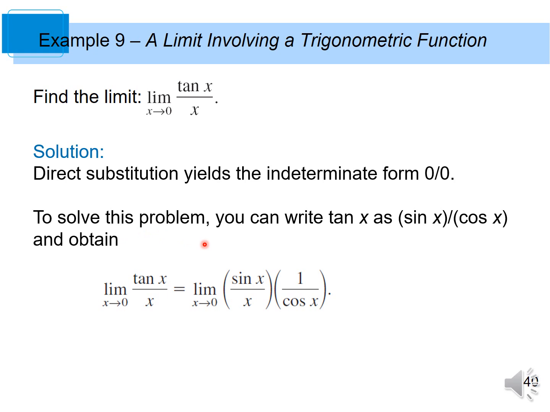To solve this problem, you can write tangent x as sine x over cosine x. So look at this procedure. The limit of tangent x over x can be written as sine x over x multiplied by 1 over cosine x, because tangent x is sine x over cosine x.